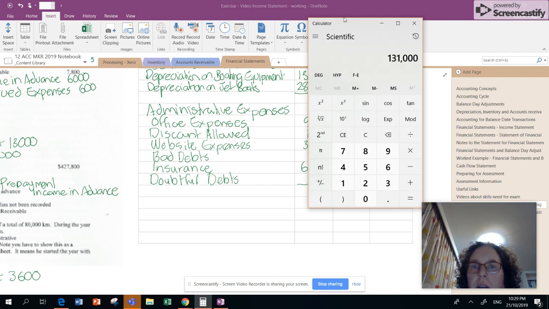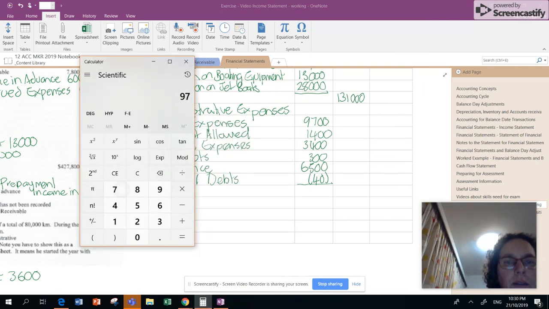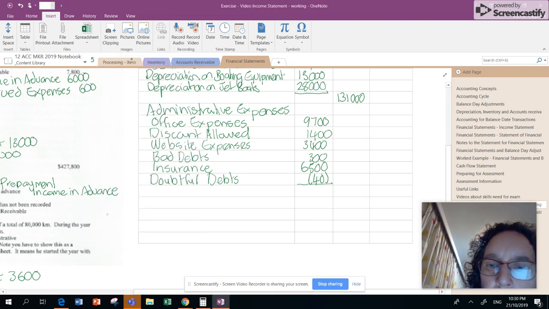Just shift the calculator so we can read the figures. So we've got 9,700 plus 1,400 plus 3,400, 300 plus 6,500 minus the 40. So we should get 21,260.